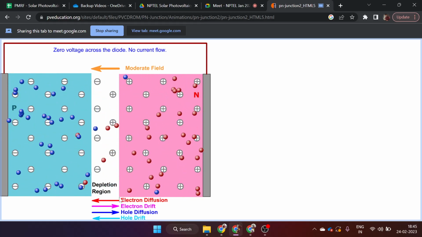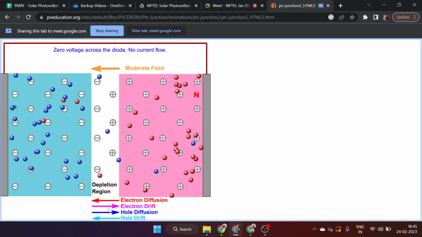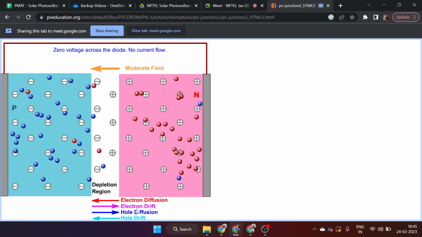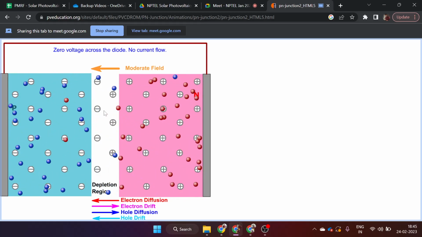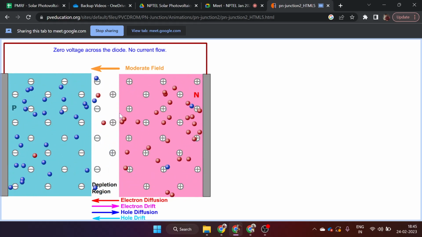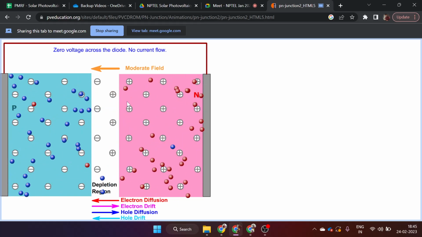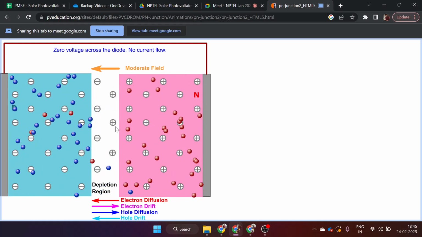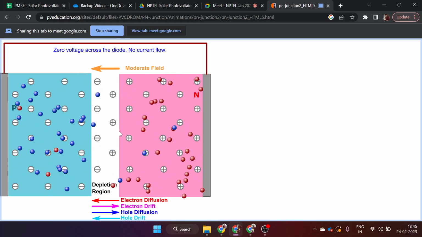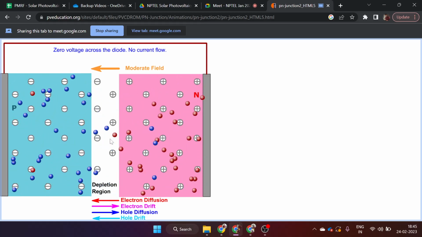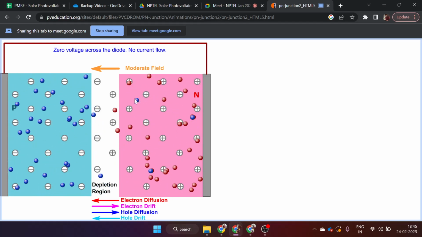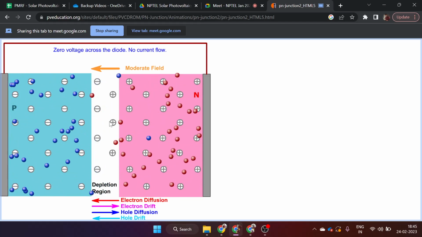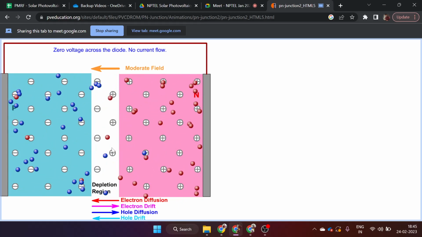These arrows are showing the direction of electrons. And this pink one is showing electron drift. I told you if any electron comes here, it will go back. Just watch my cursor. See, it is coming back. Why? It is drifting here. From diffusion, they come to this depletion region, and in this depletion region, they go back.